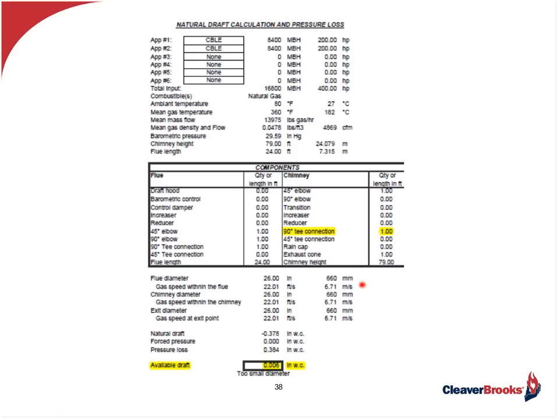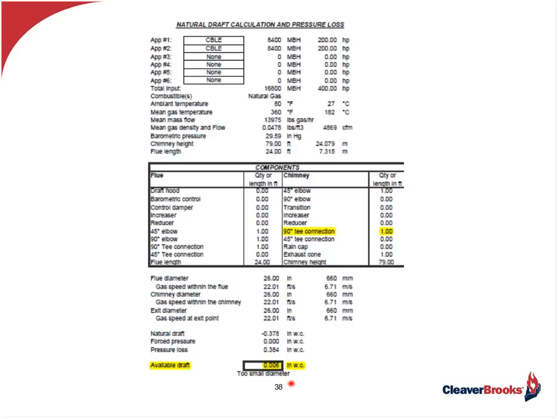Here I've highlighted that in the draft calculation, the 90-degree T connection that was shown in the design engineer's drawing gives us an available draft. Down here at the bottom, we show the available draft calculated at a positive 0.006 inches water column.